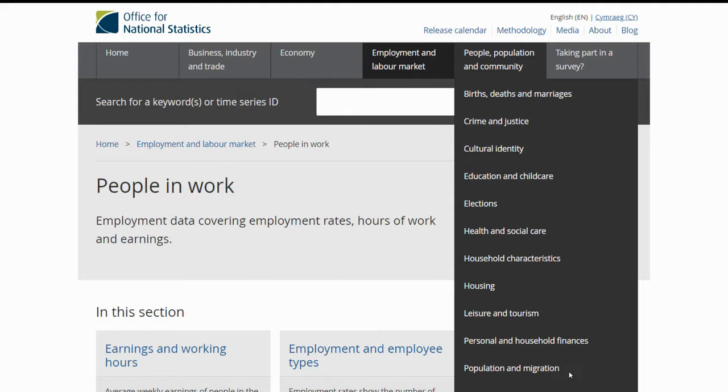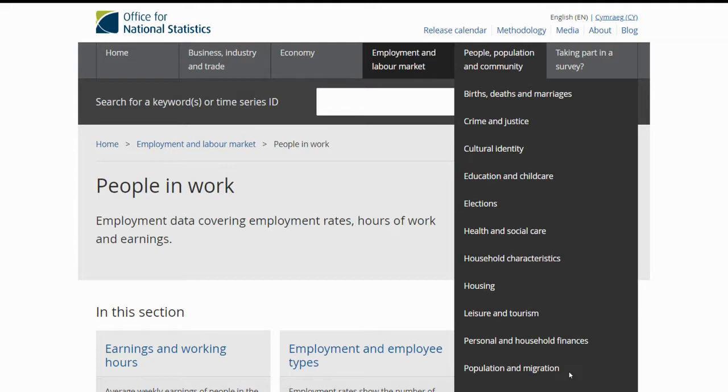But if you want to start a successful business, you have to look at all this different social information to figure out what your business needs to be, who it needs to cater for, what your target market is, how big it is. Okay, so all of this information is really useful.